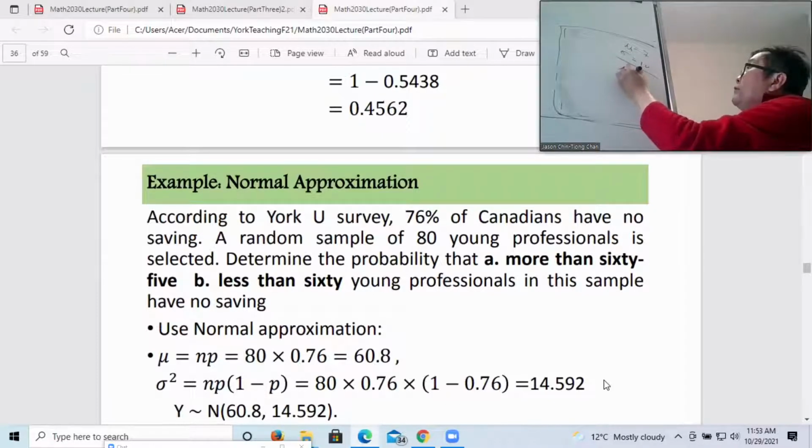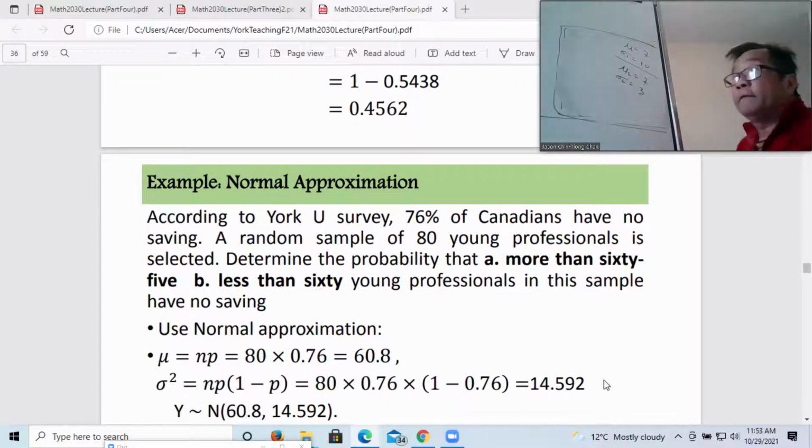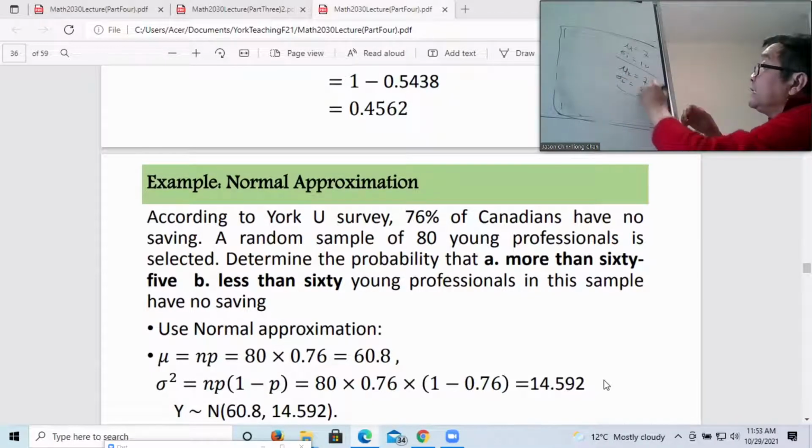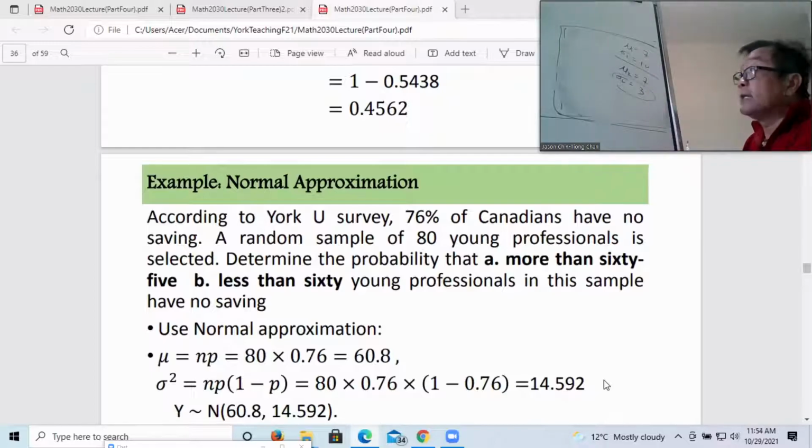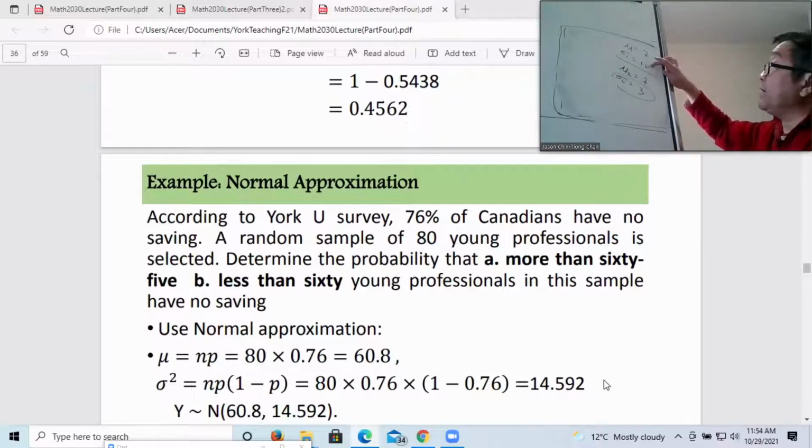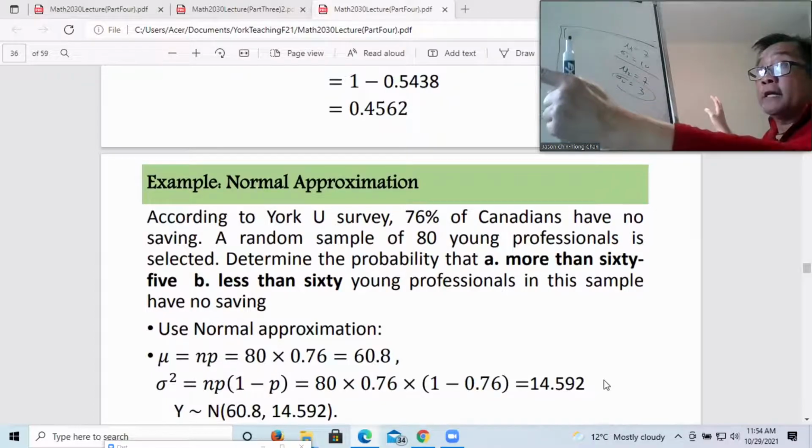The next one, mu2 is 7, the standard deviation is, let's say, 3. So this one, the standard deviation is smaller. So the spread is less compared with this one. This one, the standard deviation is bigger, so the spread is bigger.